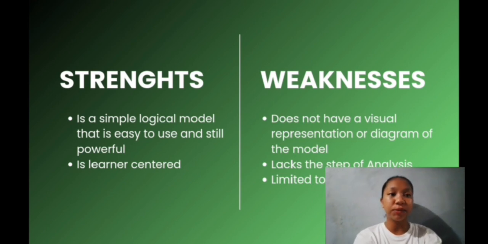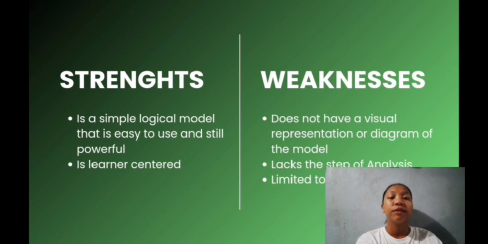Another strength of this model is that it is considered a learner-centered model. Why? Because along the way of acquiring the learning plan, the students are required to give their full engagement and participation in some activities.